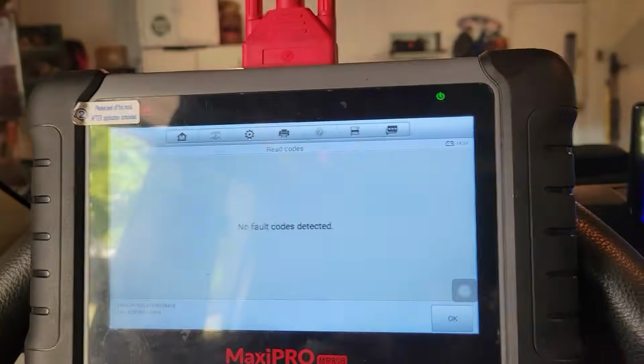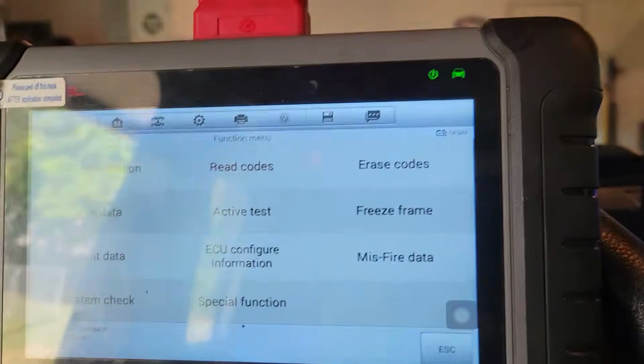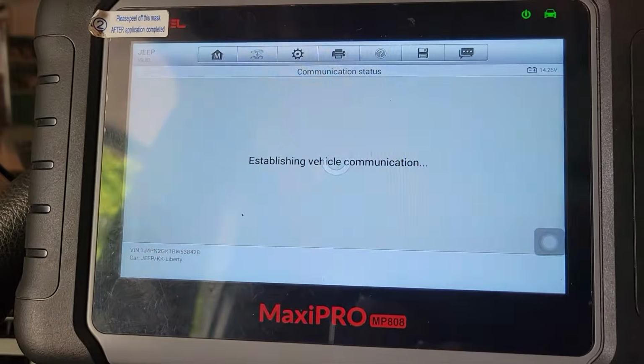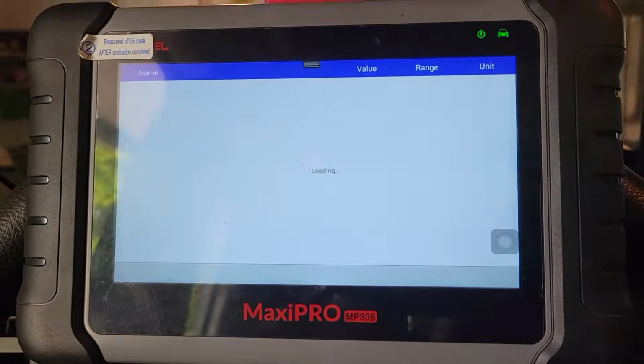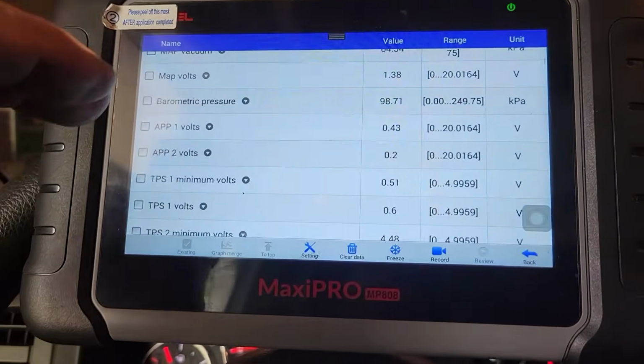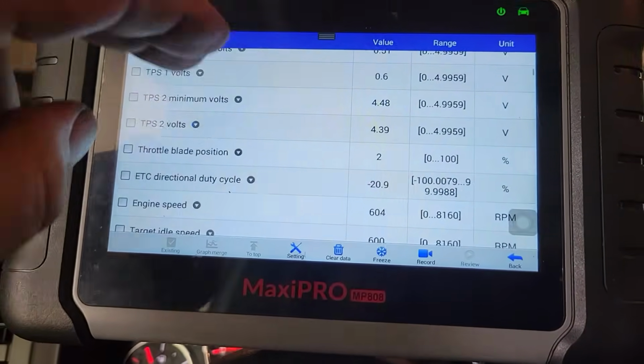See, it's still no fault codes. I'm going to move on. Live data. You can feel a little bump in it for sure. I believe towards the end they put their fuel trim.